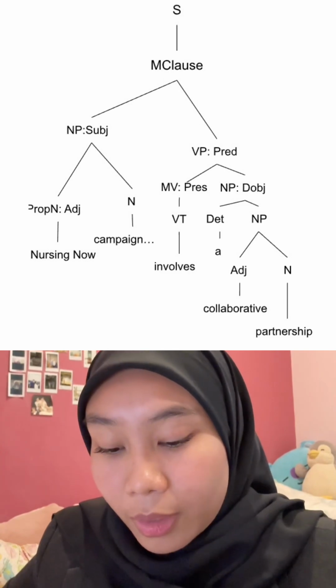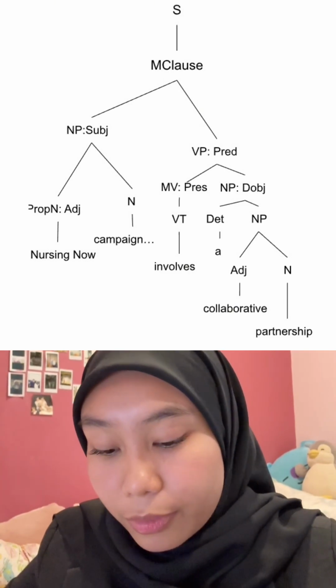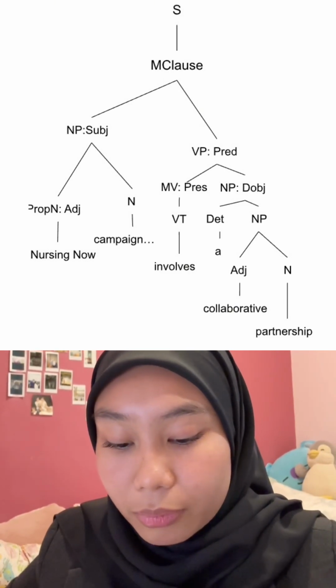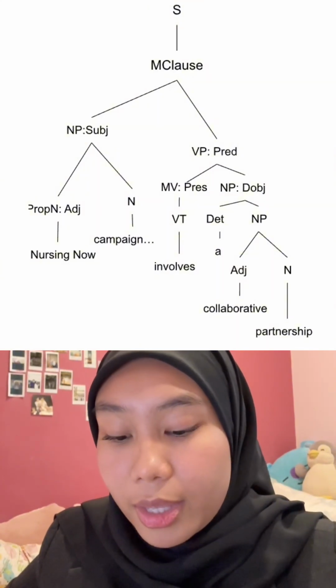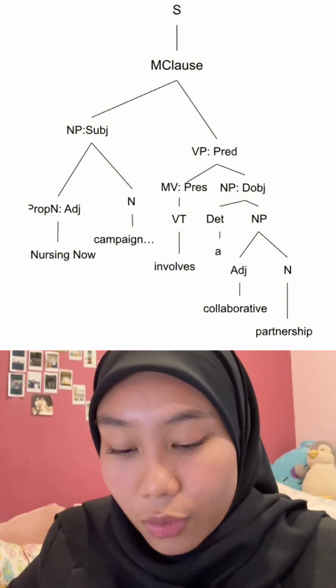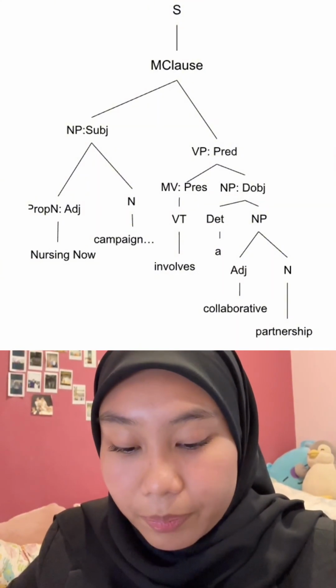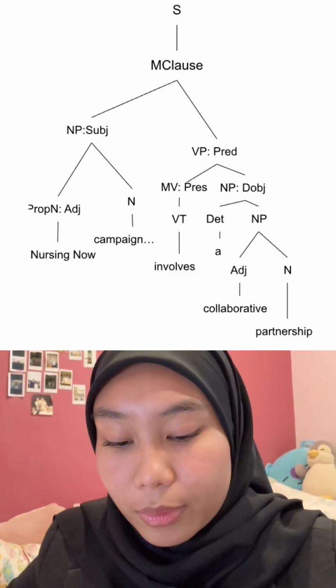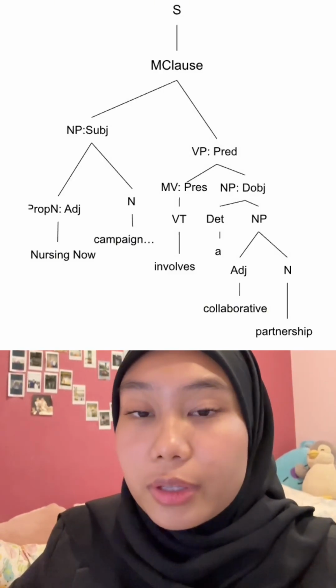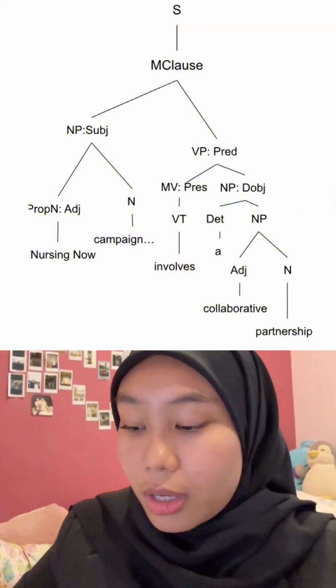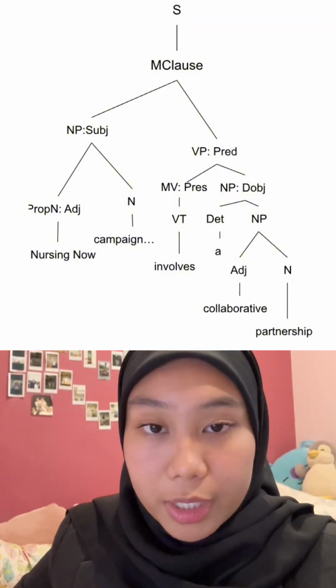Then put adjective, which is collaborative, and then noun for partnership. Now the diagram for the main clause is finished.